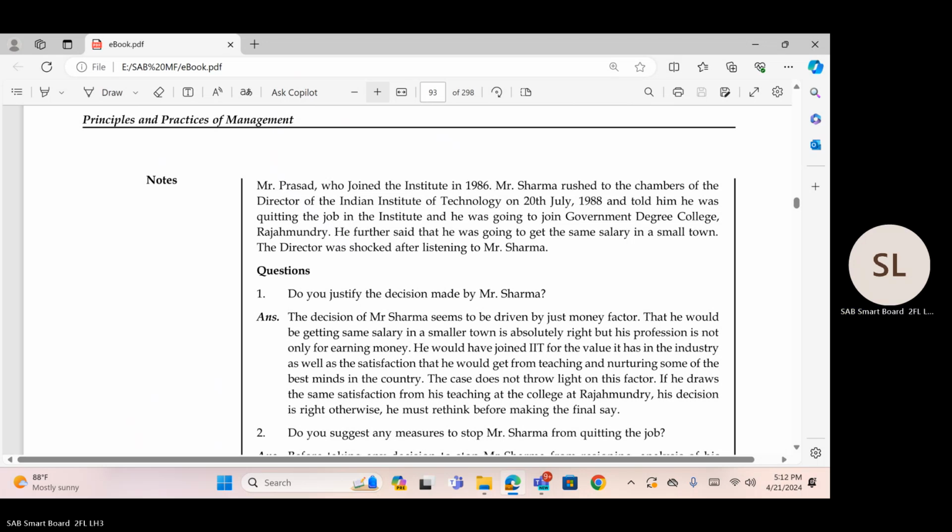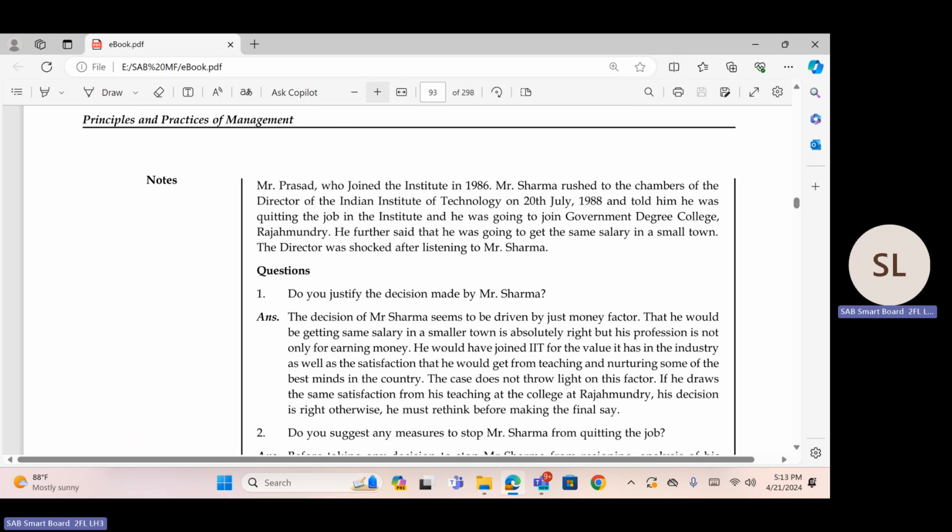In that sense, he should have thought twice, considered twice before making the final decision. But the case is very short. It does not give more information to have a wider answer.